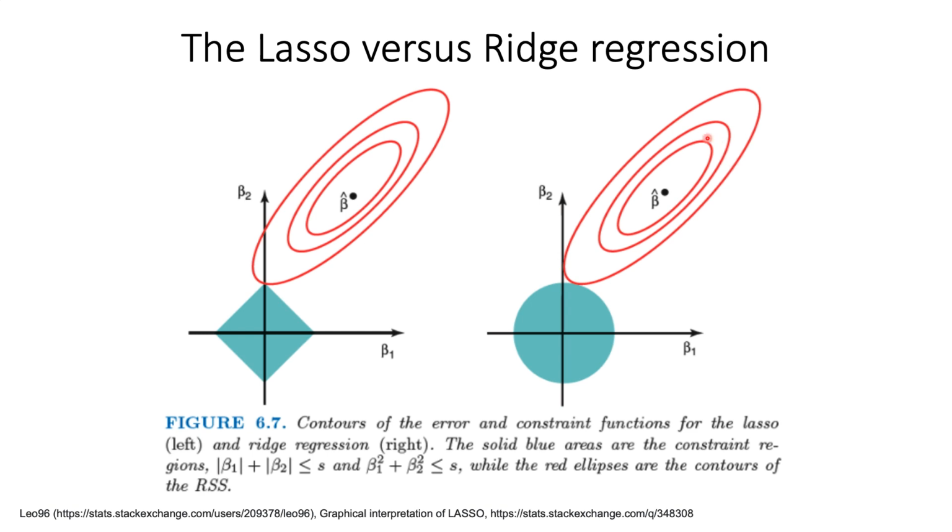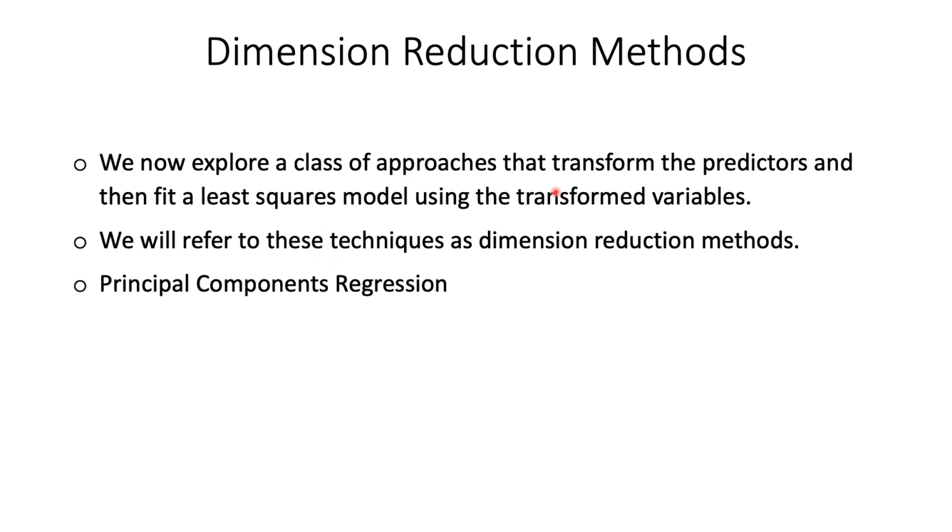We see that we can reduce the error by having some choice of beta 1 and beta 2 combination, and that, for instance, for the lowest error contour, because of the shape of this constraint here, the absolute value as opposed to the beta squared, we can get precisely some value, for instance, beta 1 to be 0 here, and it's small here but not actually 0. So this is why you can get 0 coefficients for lasso, but only close to 0 coefficients for ridge regression. Depending on what you want to do, you choose one over the other.